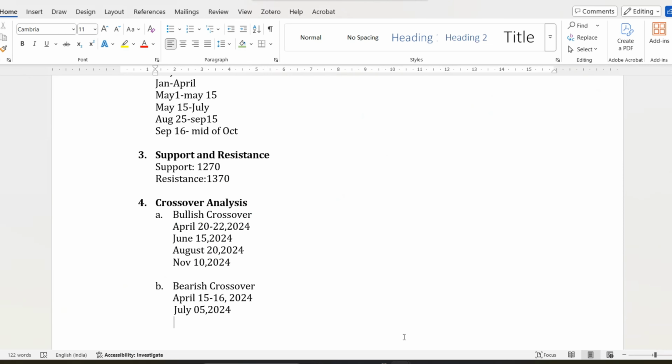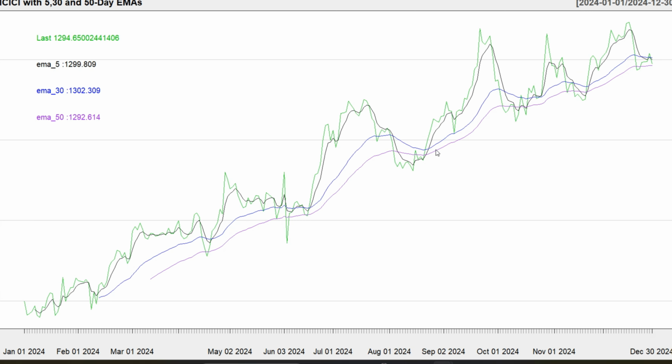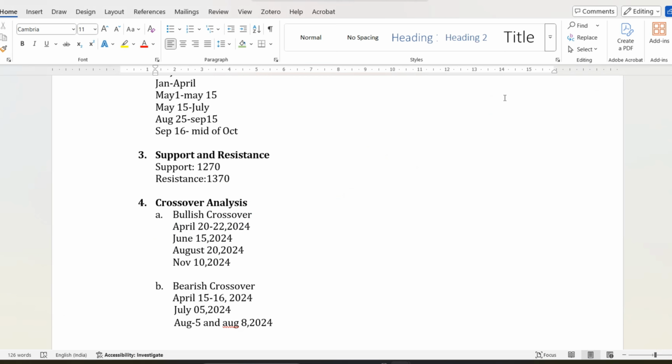So it is in the month of August 5, August 5 to August 8, or you can just mention first week of August, there was a bearish crossing. Next one again moving upward, and in the month of October, first week also you can see October first week.